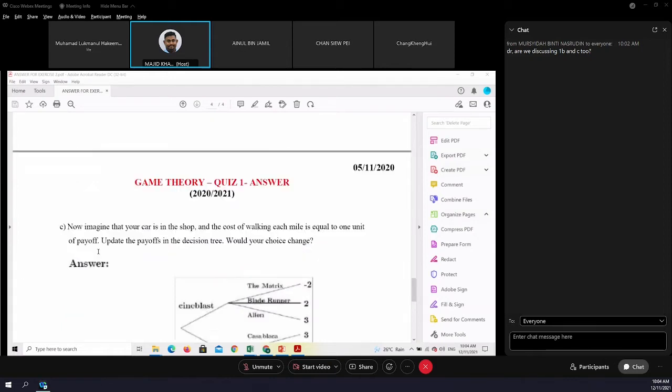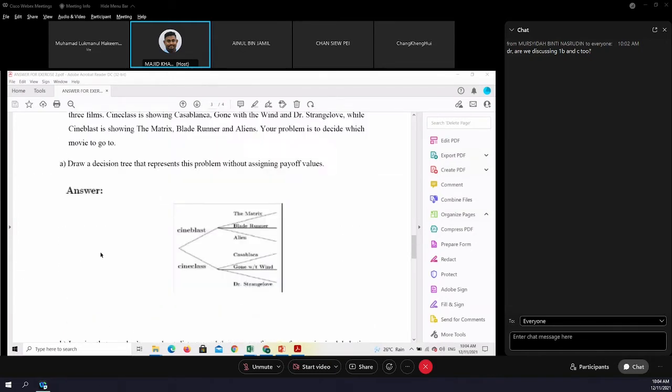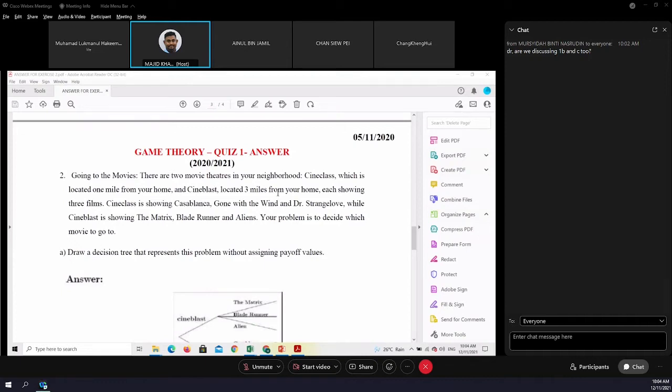You need to understand from the question that Sign Class is located 1 mile from your home, and Sign Blast is located 3 miles from your home. Okay, 3 miles and 1 mile.